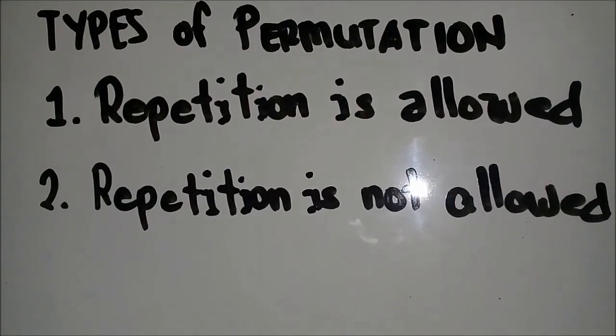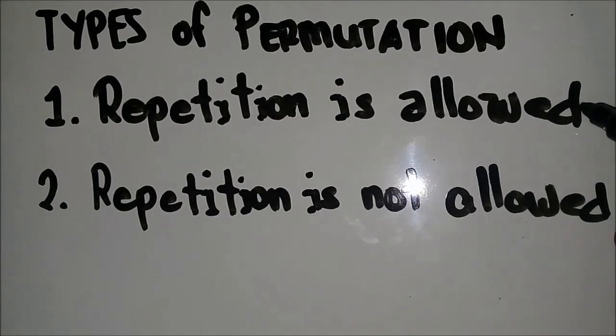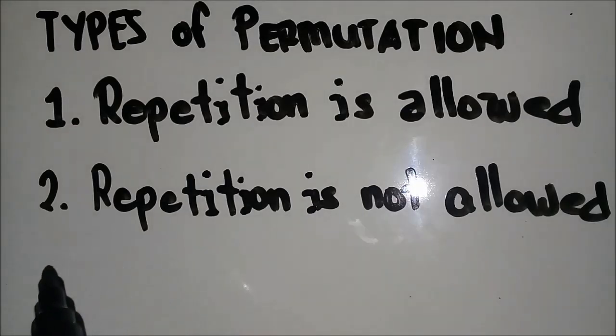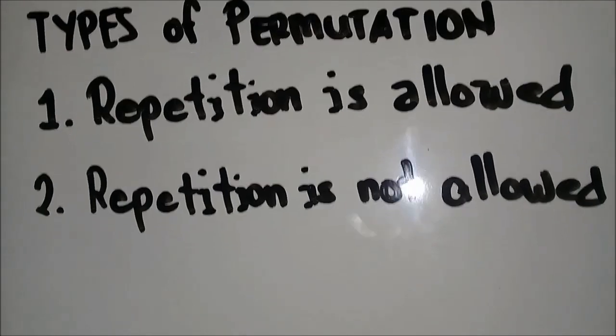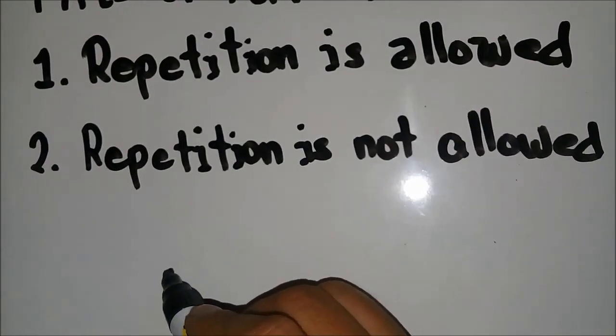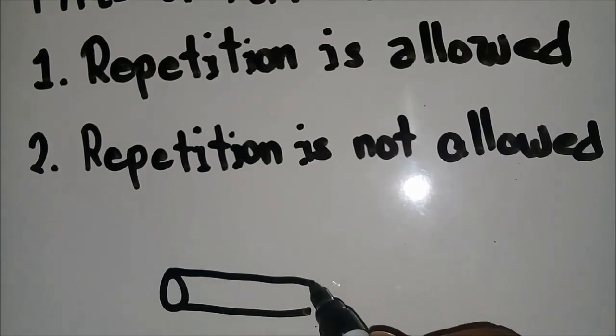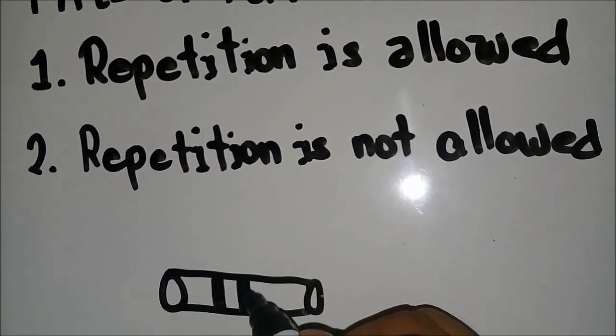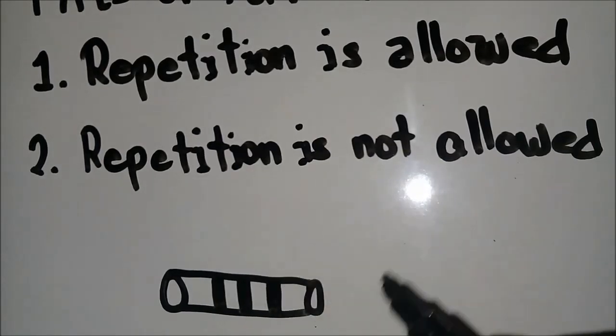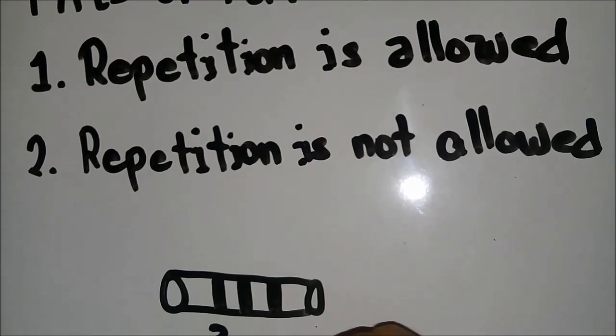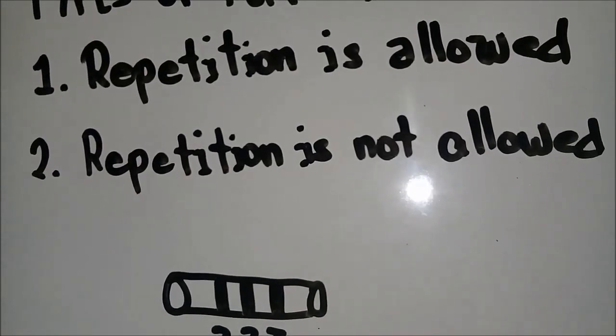There are two types of permutation. The first one is when repetition is allowed, and the second one is when repetition is not allowed. Let us take, for example, the previous example of the permutation lock, widely known as the combination lock. In that case, we can have a combination of 3, 3, 3.